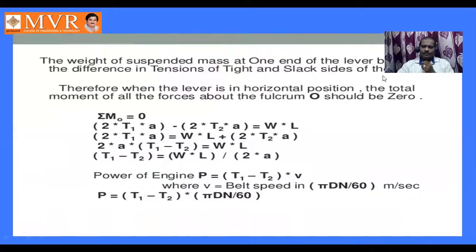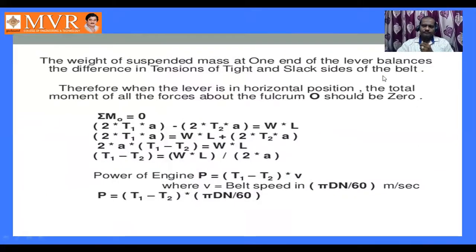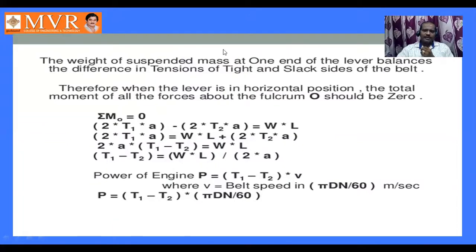If you observe, the weight of the suspended mass at one end of the lever balances the difference in tensions of the tight and slack sides of the belt.